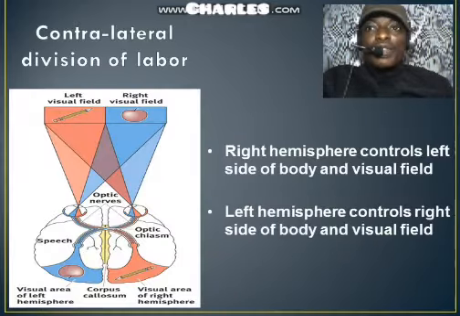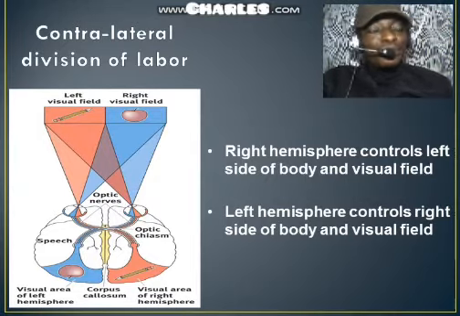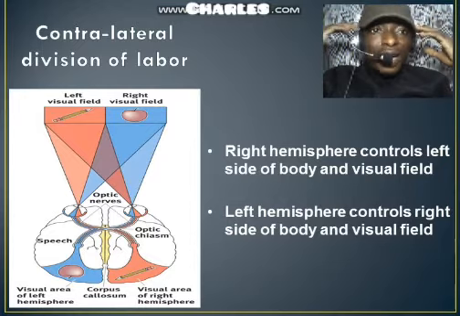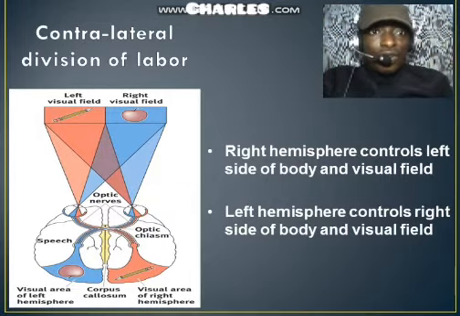Alright, going forward. Now, contralateral division of labor. Actually, the right hemisphere controls the left side of the body and the visual field, whereas the left hemisphere controls the right side of the body. I told you in the previous module that the cerebral cortex is different from the cerebellar cortex in their functions.